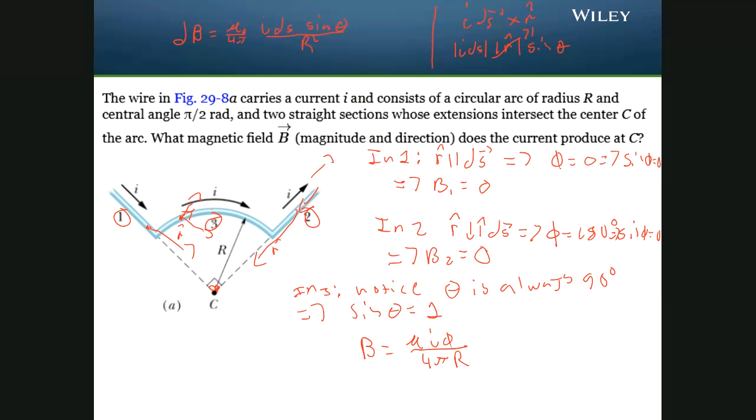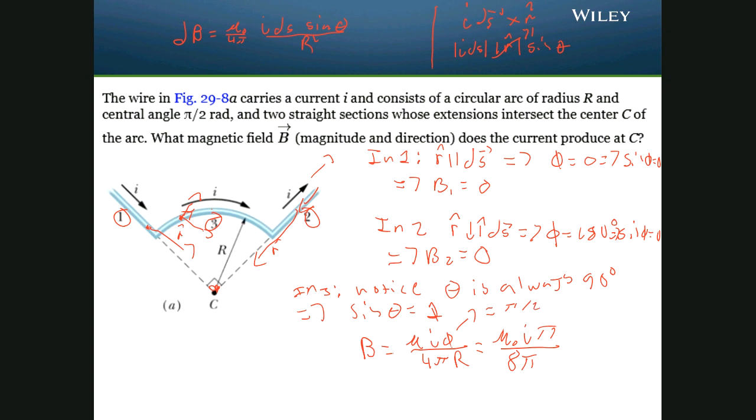And now we just plug in, we were given this phi before, so that equals mu naught I times pi over 8 pi, because phi equals pi over 2.